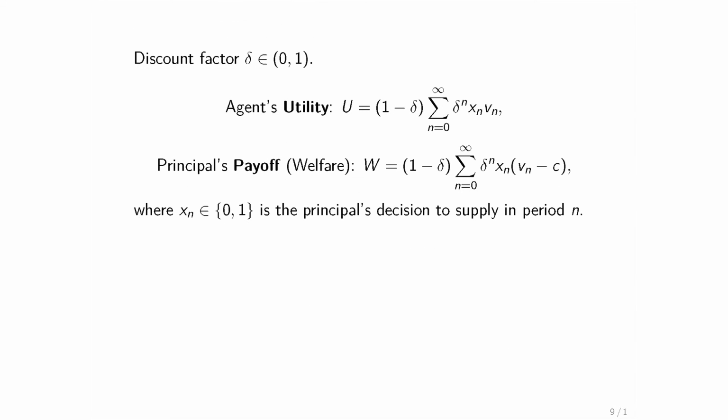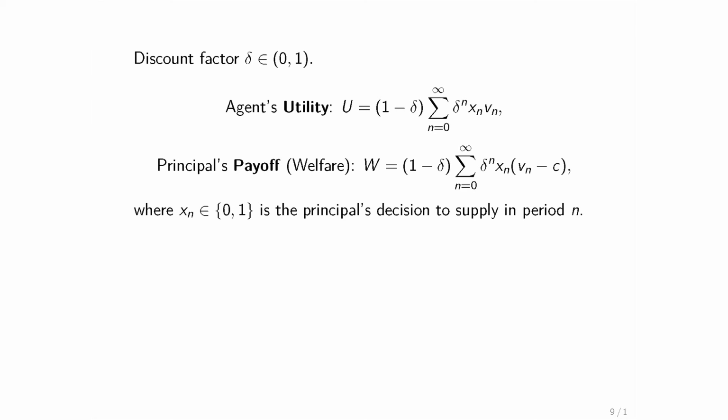Now, they share a discount factor delta. So this discount factor is fixed. Because we see the principal as a social planner or welfare maximizer, we see no reason to talk about different discount factors for the two players. And then Xn is the principal's supply decision in every period n, which can be either 0 or 1.